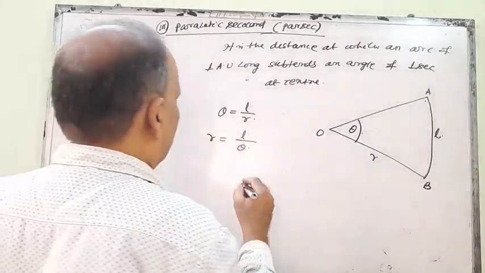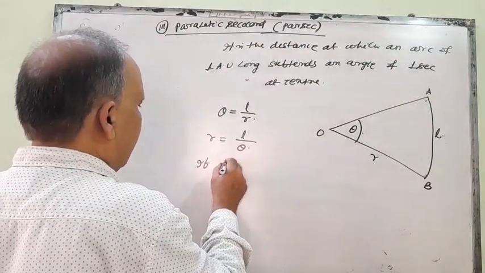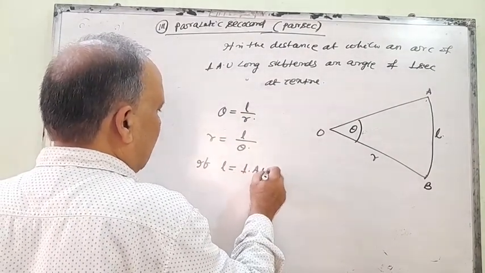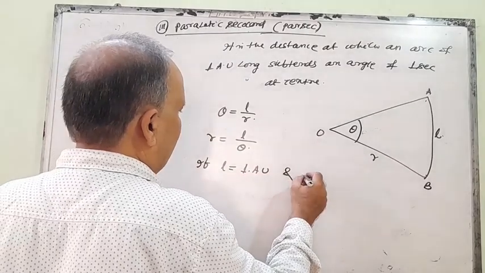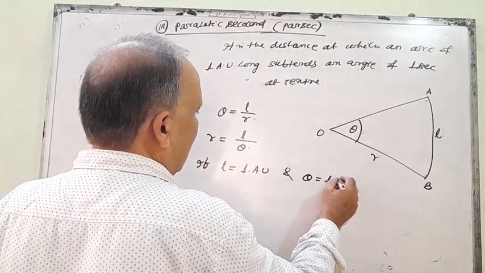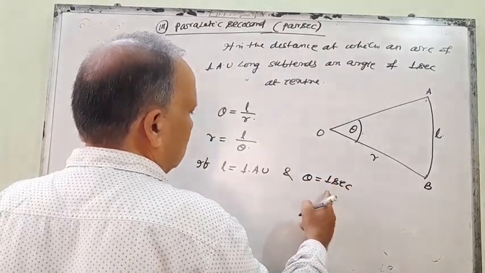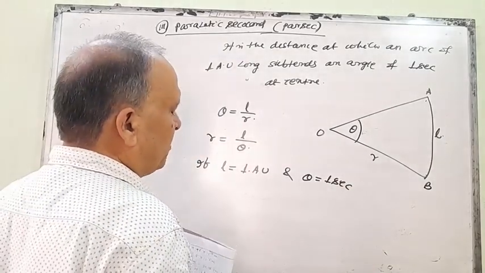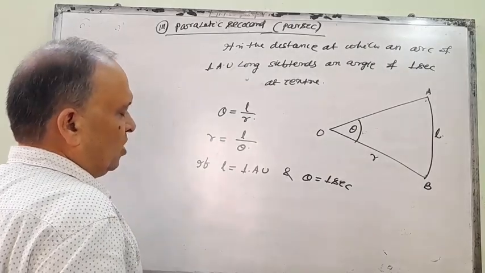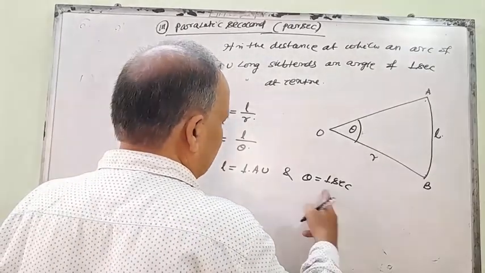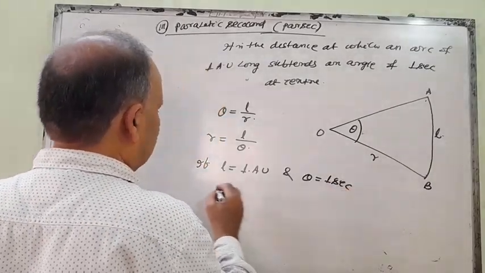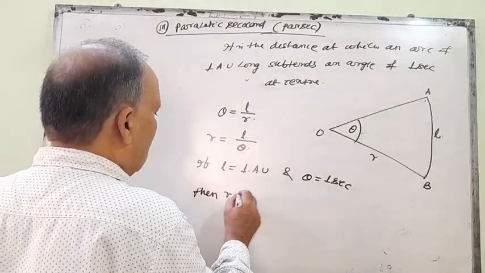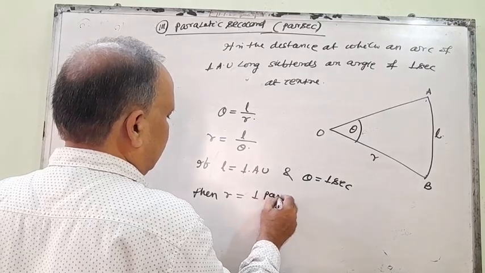According to the definition, if L is equal to 1 astronomical unit and theta is equal to 1 second, you see, angle is measured in degrees, minutes and seconds. So in that concept, theta is equal to 1 second, then R is equal to 1 parsec.